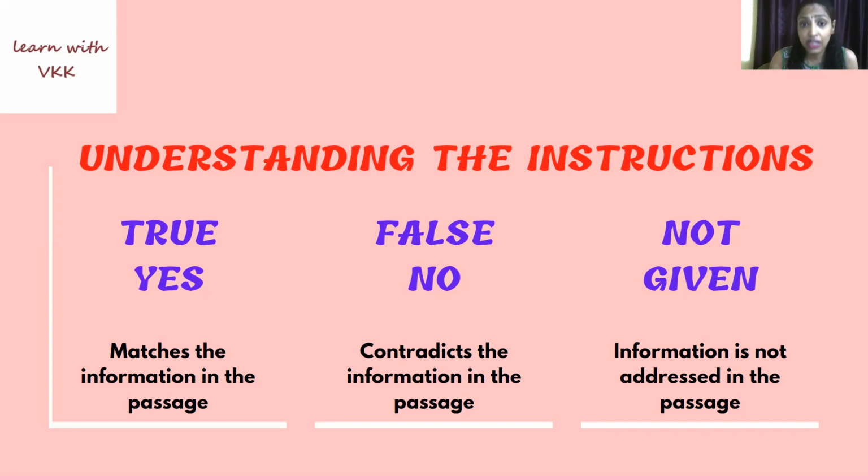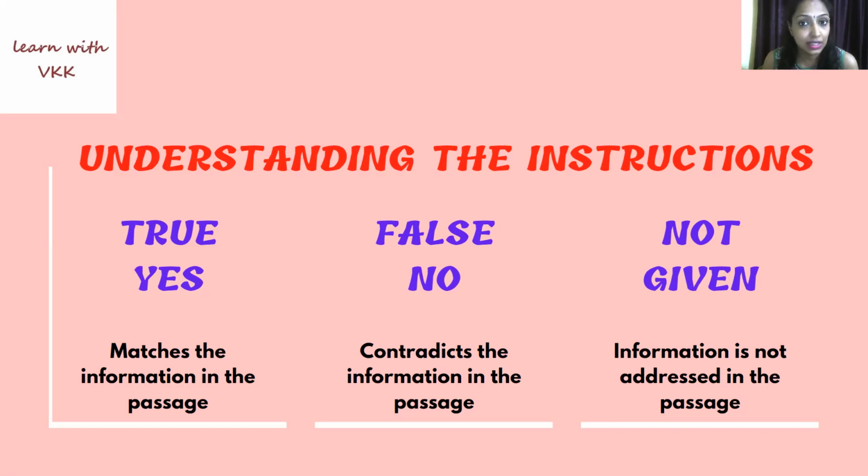However, when you read the passage, you may find that the statement given to you as a question says something opposite. Possibly it is contradicting what the writer says. Then we mark a false or a no. So please note that if the statement matches what is given in the passage, then it is a true or a yes, as per the instruction, of course.